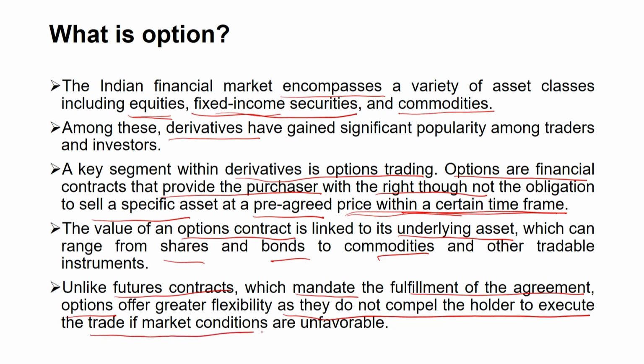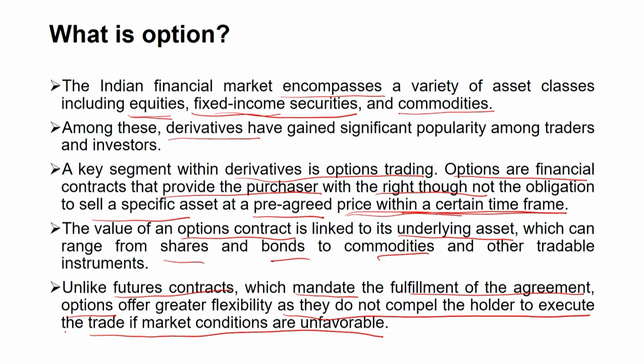That means execution of the contract is not compulsory, and only if the market conditions are favorable is the right given to the purchaser of the option contract exercised. In unfavorable conditions, the holder may not execute their order, and the contract will expire.